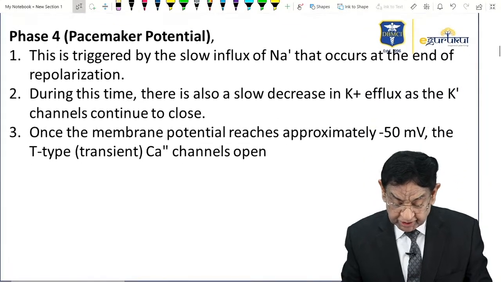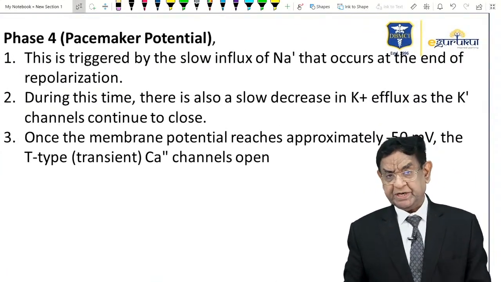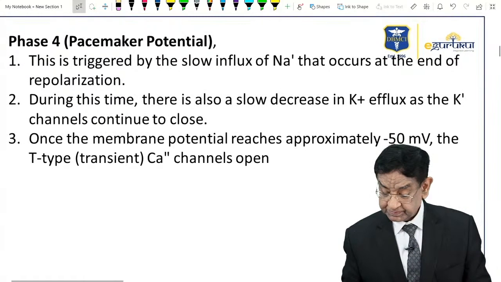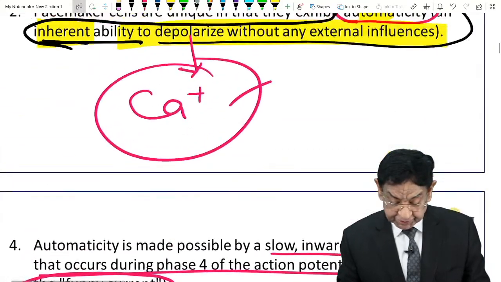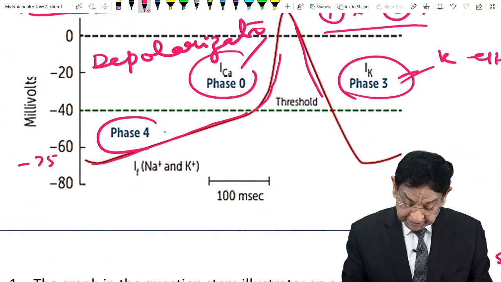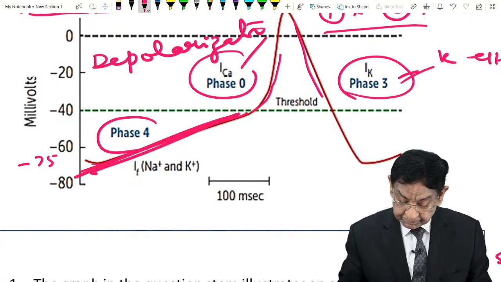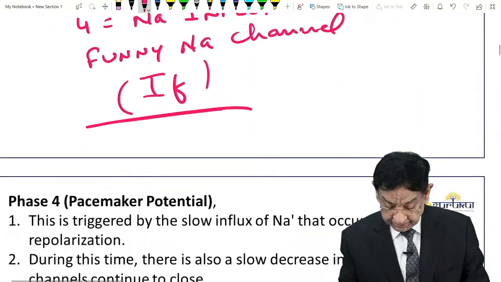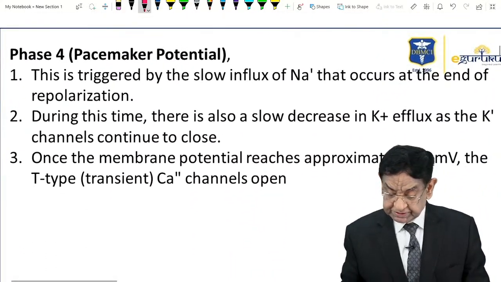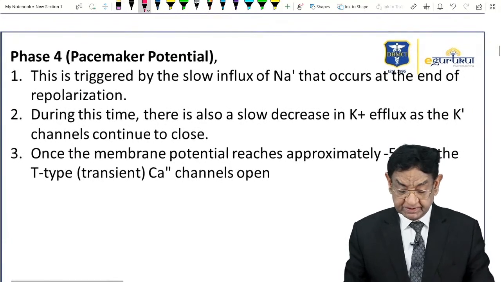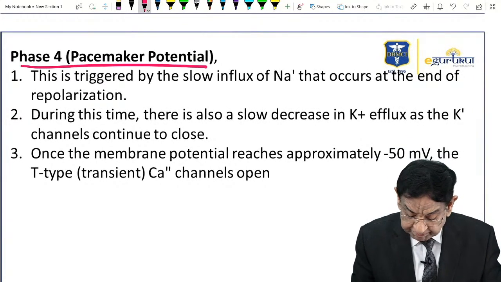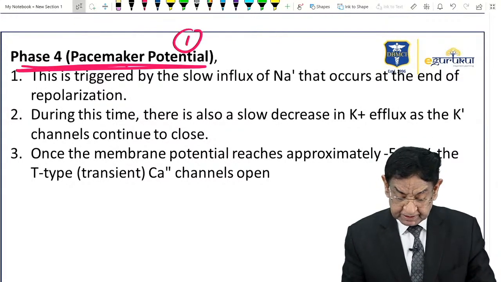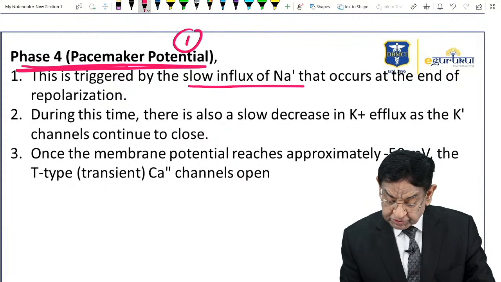Now we talk about the pacemaker potential, which is generated in phase 4. What is this? Again, let me show you the diagram. I'm talking about this particular phase, phase 4. This was phase 0. How is this pacemaker potential generated? To write down, phase 4 is the pacemaker potential. First keyword to remember: this is by slow influx of sodium.